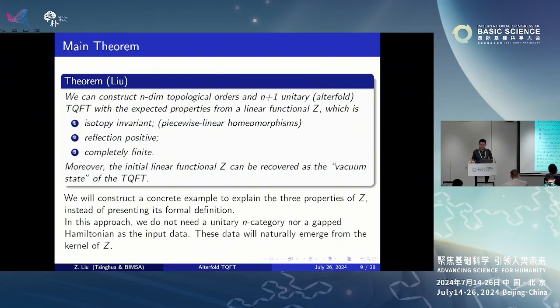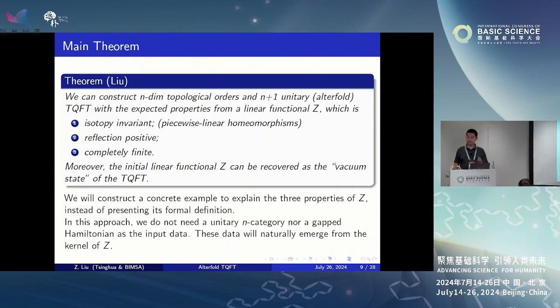And then to construct such a TQFT, what's the input data? We need a linear functional on those lattices. The lattices are somehow Hilbert spaces given by a tensor product of those local spins. Now we want to define a linear functional on that when the lattice is defined on a sphere, like an n-dimensional sphere.